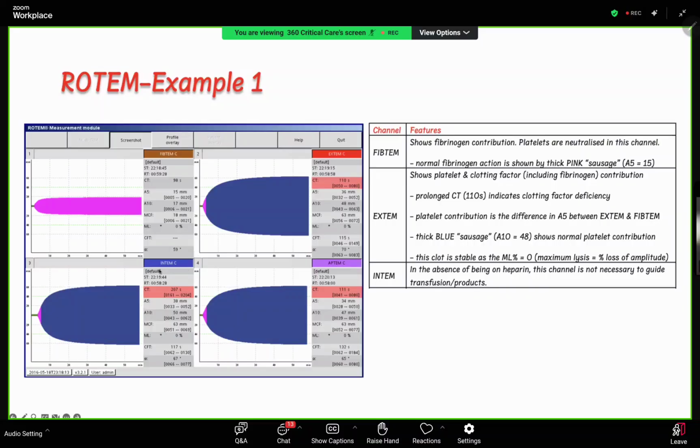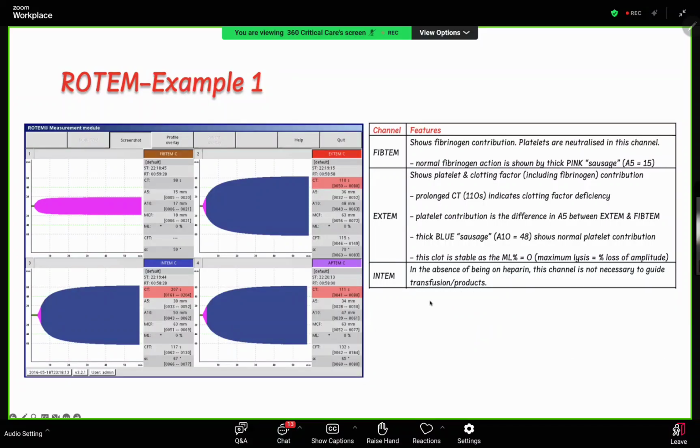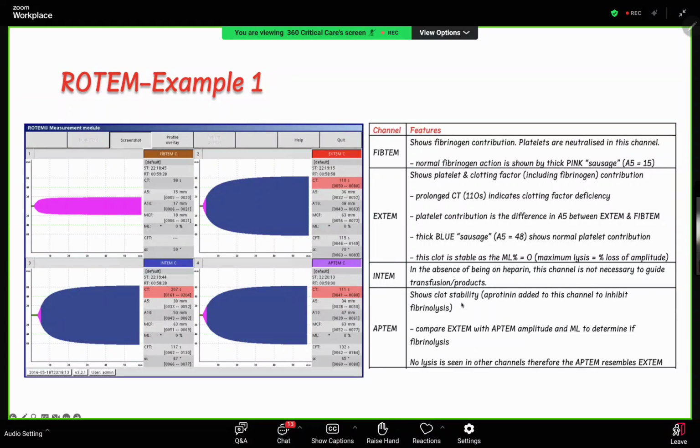Now go to INTEM. What happens with INTEM is the clotting time is prolonged. In the absence of heparin, because this patient probably is not heparinized, this channel is not necessary to guide transfusion product. But when you look at APTEM, it shows the clot stability, so compare the XTEM with the APTEM and the maximum clot lysis for determining fibrinolysis.